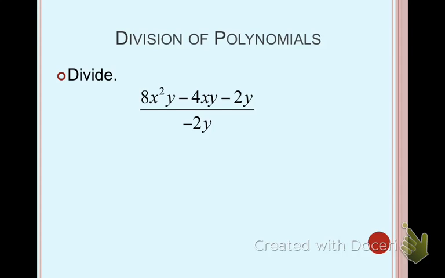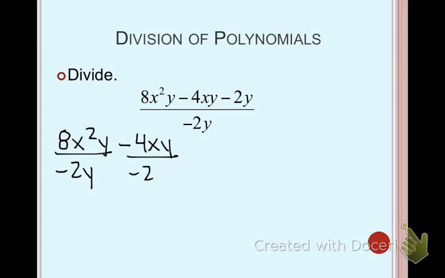Okay. Same thing happens here. We're going to divide this into 3 parts. 8x squared y over negative 2y minus 4xy over negative 2y minus 2y over negative 2y.